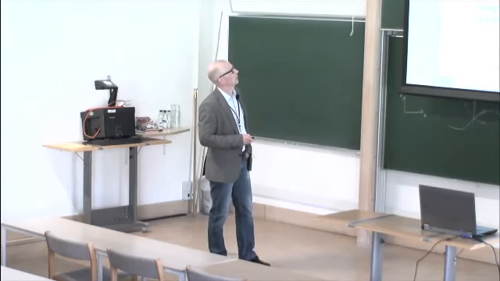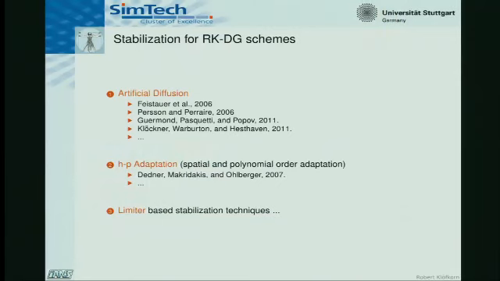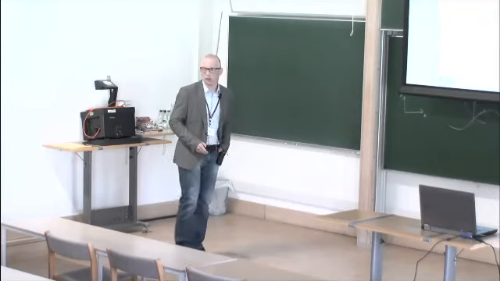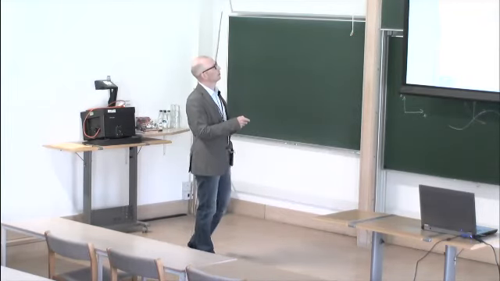Okay. So if you're talking about nonlinear problems, then for the DG method, if you go to higher order, you have to come up with some sort of stabilization, otherwise the method won't work. And there are, to my knowledge, at least three kinds of stabilizations you can do. One is the artificial diffusion. There are several groups that are working on that, and I didn't mention here the group of Frank.